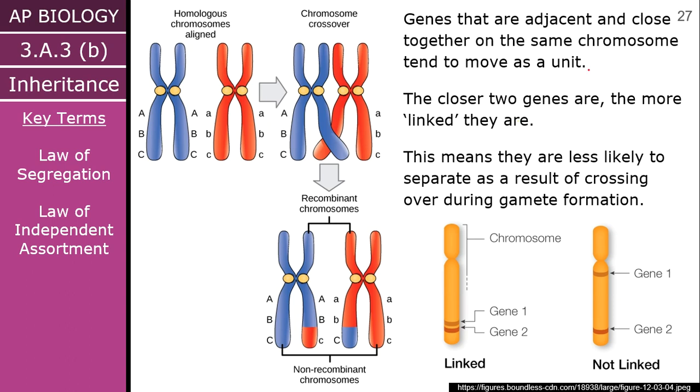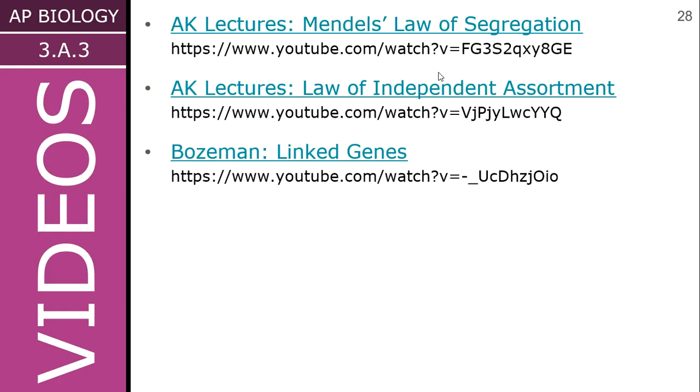Sometimes things get messed up. So we have what are called linked genes. And basically, that means they're less likely to separate during crossing over. And so sometimes a little r will usually go with a little y or something like that. But all of those things are the exceptions to the rule.